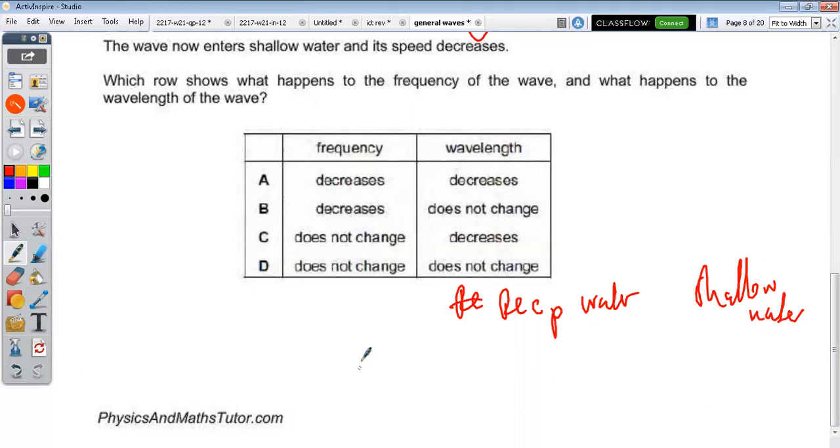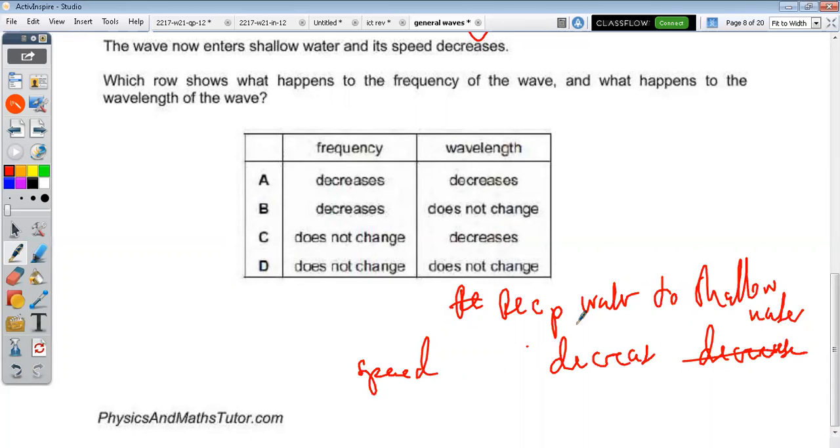What we said is that the speed here decreases. Frequency is actually constant. It doesn't change. Now look at your formula here.